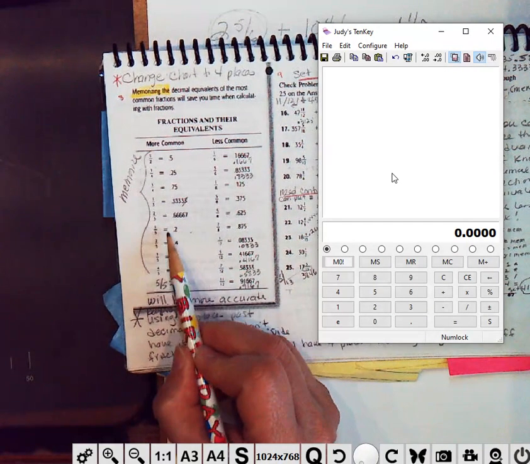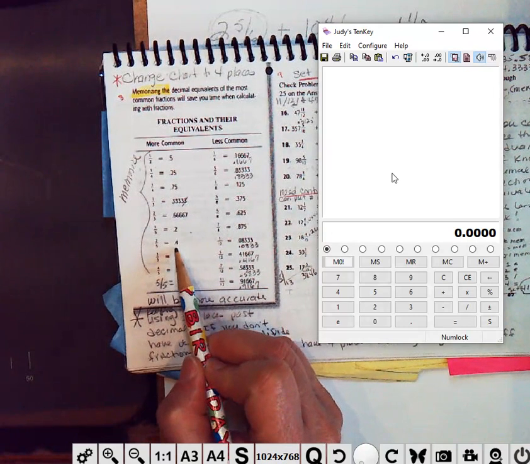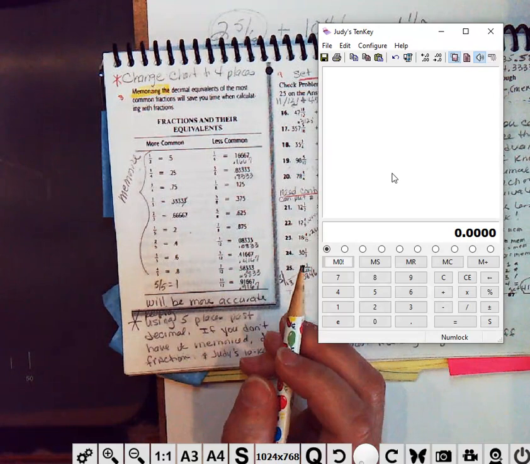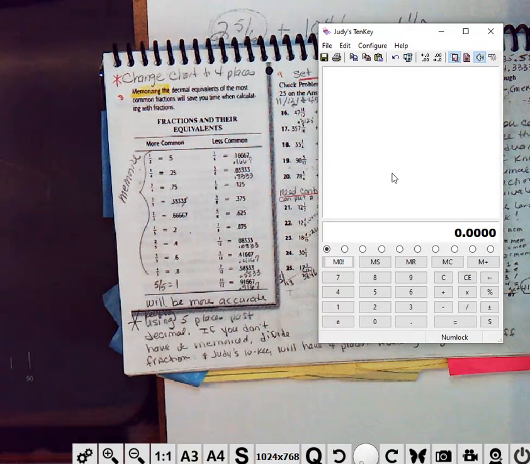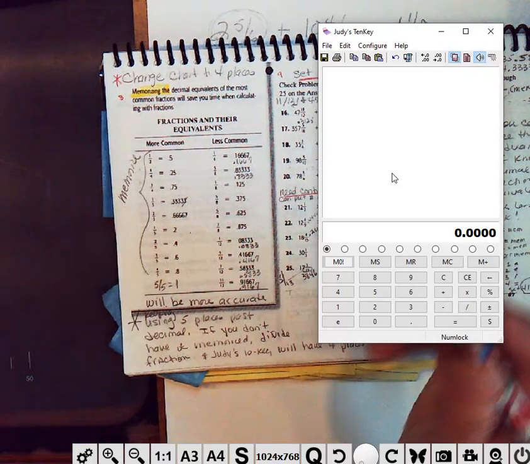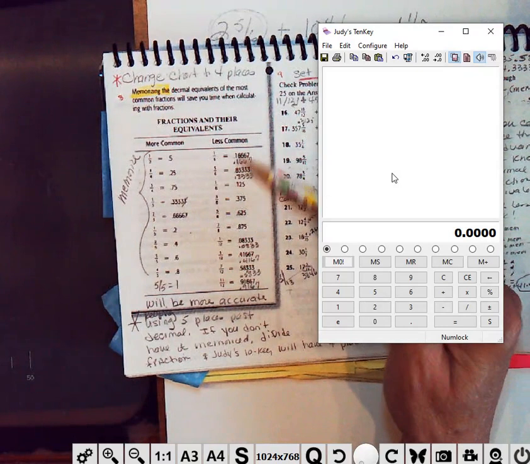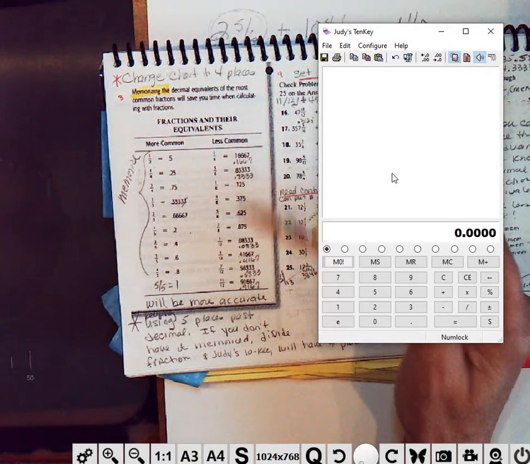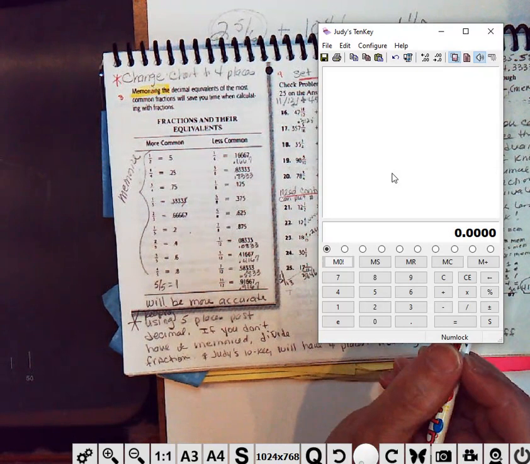So if a fifth is 20 cents, then 2/5 is double, 40 cents, 0.4. So you should memorize common fractions so that you're not having to calculate all of them. A banker, a loan officer, they're going to know all of these. These are less common, but again, the more you memorize, the easier it is to work your problems.